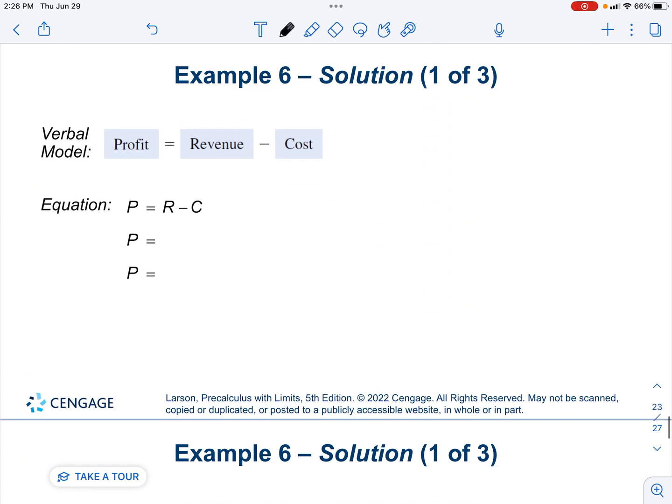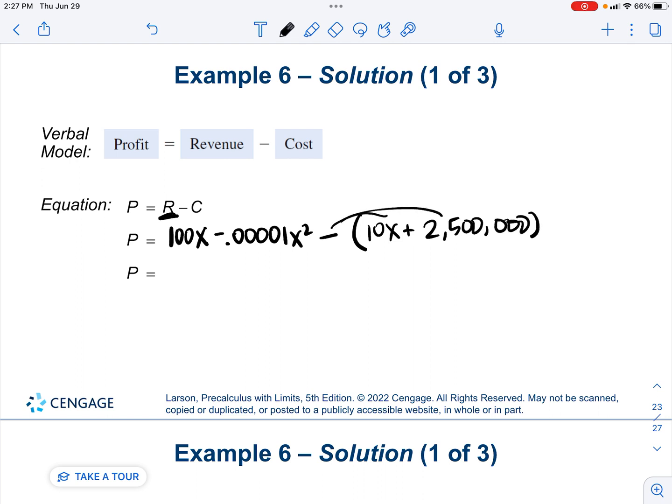All right, so profit is what you take in for your revenue minus what it costs to produce the calculators. So we'll go ahead and take what we had written before. We had written for our revenue 100x minus 0.00001x squared. That was the revenue. Minus the cost we had written before was 10x plus 2,500,000.